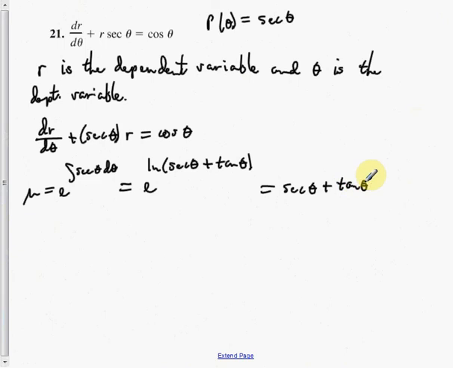So we multiply everything through by this integrating factor.